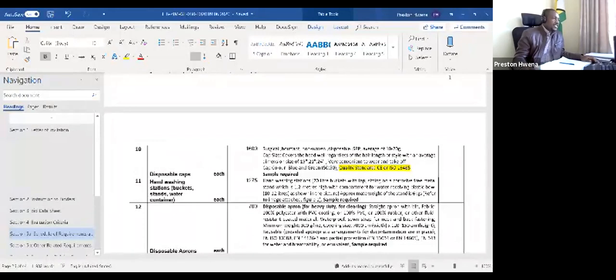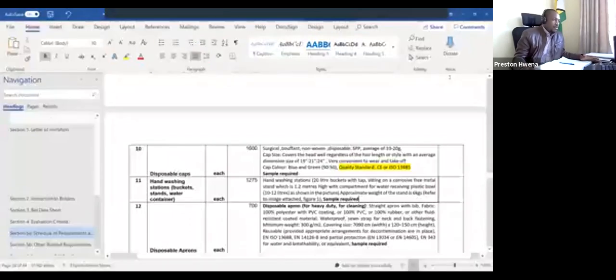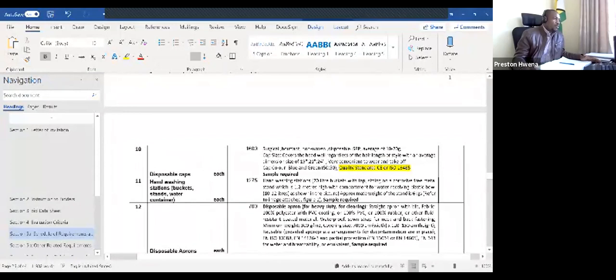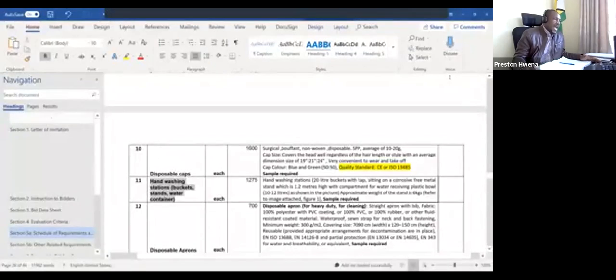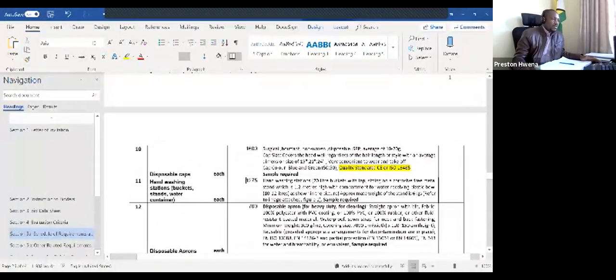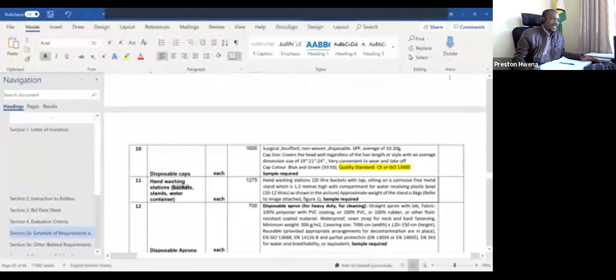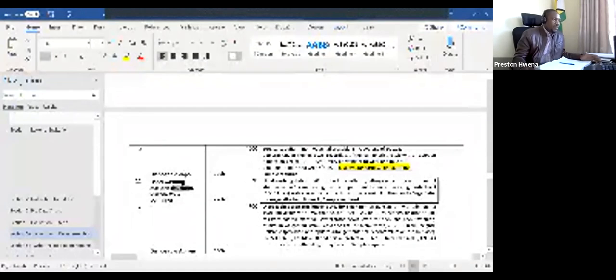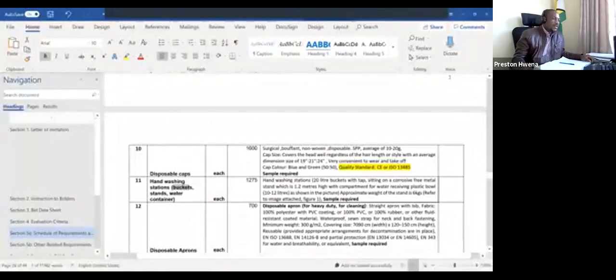For the hand washing stations, here we have 3 products combined. So I think we'll be slightly lenient here to say, if somebody is able to provide the 20-liter bucket with taps, we'll also be able to compare.